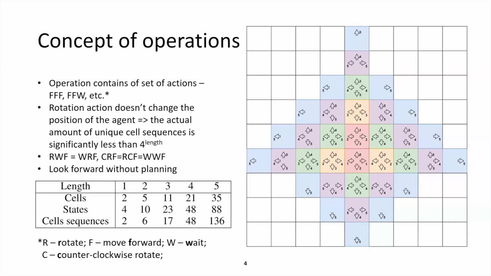It doesn't matter whether we first rotate and then wait, or first wait and then rotate, because from the perspective of collisions, it's the same, and agents occupy the same cells. We have considered operations of different lengths, starting from 3 to 5. And as you can see, even for operations of length 5, we have only 136 unique cell sequences instead of more than 1,000 if we had a non-rotational model.